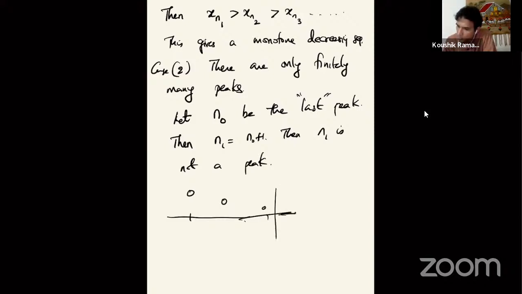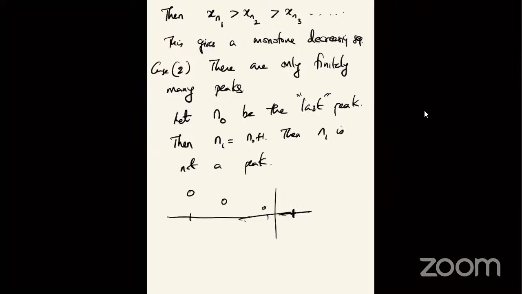So if you pick some index here, it is not a peak. What does it mean that it is not a peak? What can you say about those elements? They are already monotone? Well, not quite.